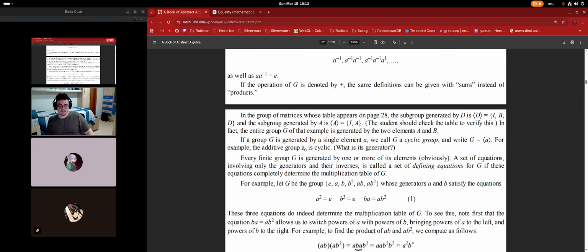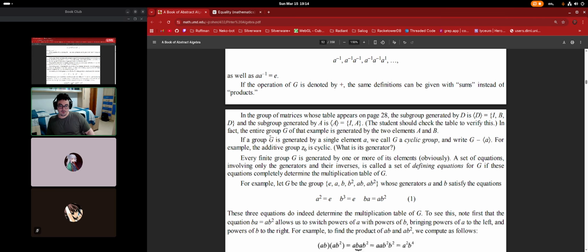And then you can check that in fact the entire group G of the table is generated by the two elements A and B. This is essentially multiplying A and B and A, and then grabbing the outcomes of those products and multiplying by A again and by B again, and all those permutations are going to generate the entire table.